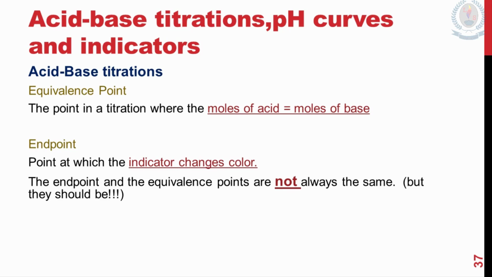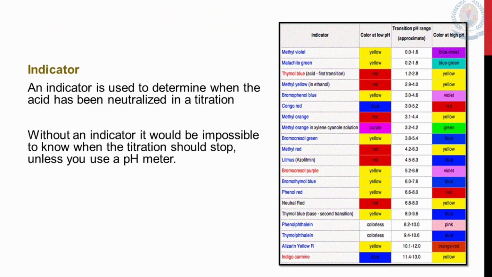So the end point is the point at which the indicator changes color. The end point and the equivalence point are not always the same, but they should be. That means in some cases the equivalence point and end point are the same, but in some cases they are not the same. We have to get a clear idea about these things, otherwise you will be confused when doing calculations. Okay, clear? Now let's move to the other slide.